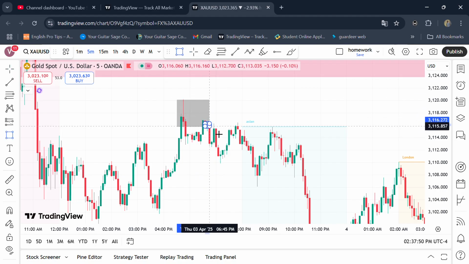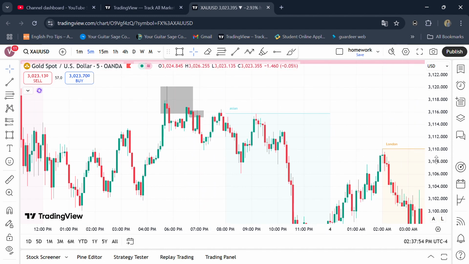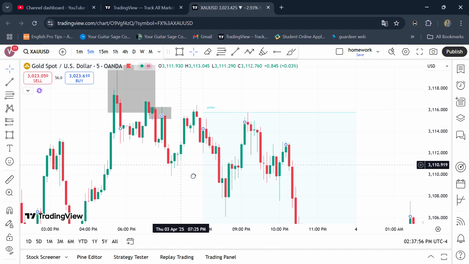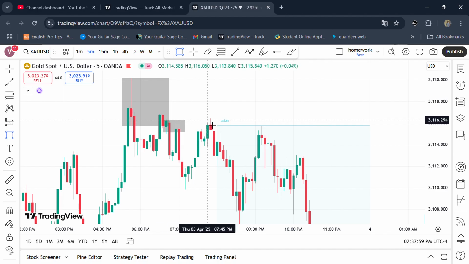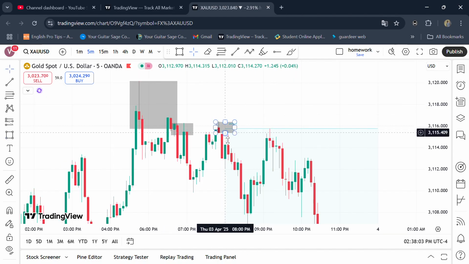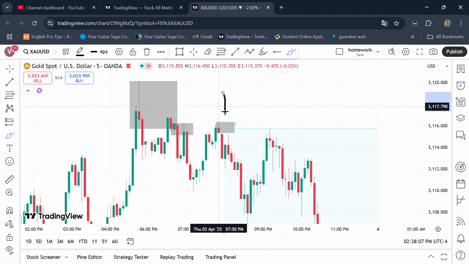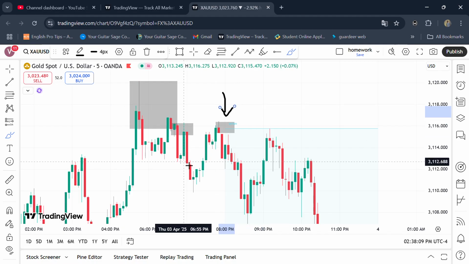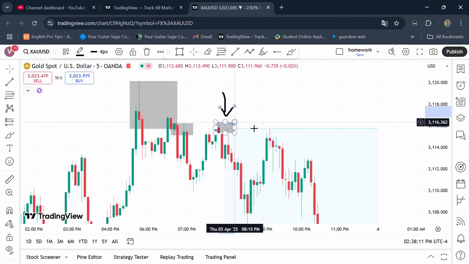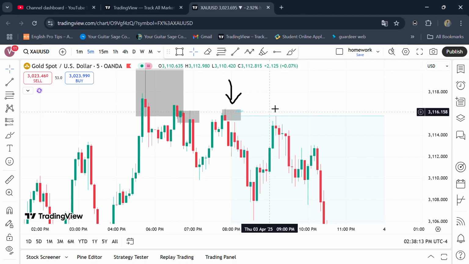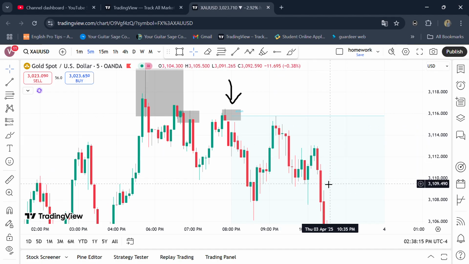Next, this POI got tapped, and later this POI got created. And this is where we were observing the market in the beginning of Asian session. So the rest of these moves weren't there yet.